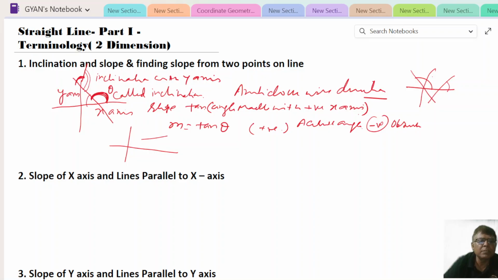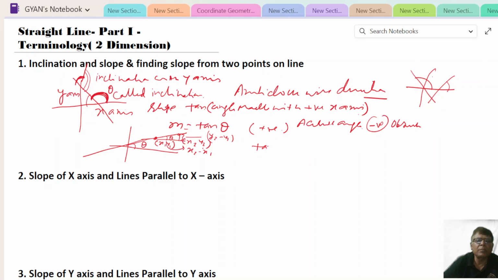Suppose this line is there. You have 2 points here, x1, y1 and x2, y2. Suppose this angle is theta, then this angle will also be theta. So tan theta will be this distance, y2 minus y1, over this distance, x2 minus x1.